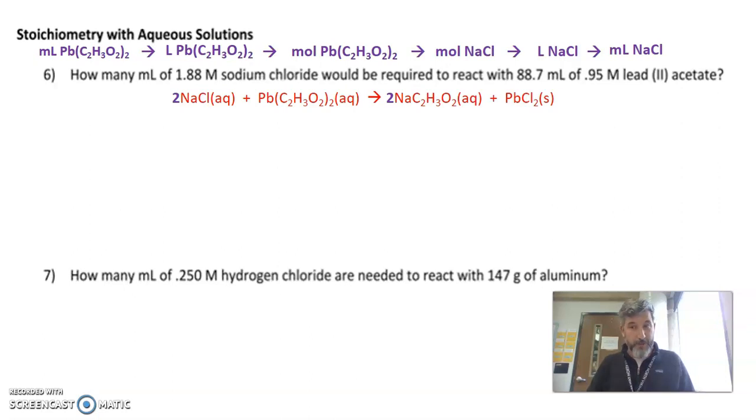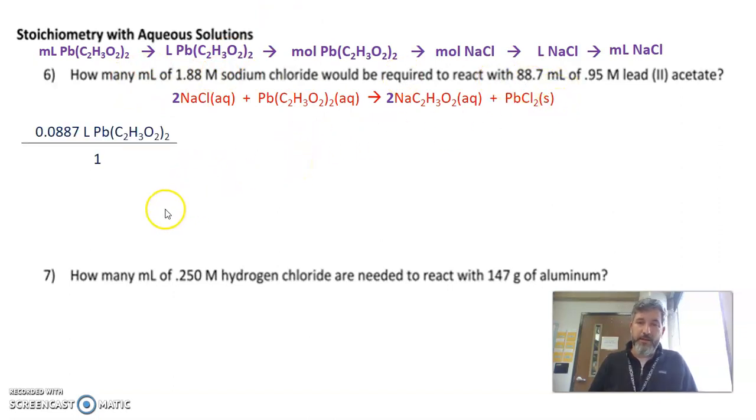It's not a starting point, okay? So I'm going to just jump right to liters. 88.7 milliliters would be how many liters? 0.0887. Okay, so go ahead and think about what units would go on the top and the bottom. And if you want to pause and just see if you can make that prediction, that would be a good idea.